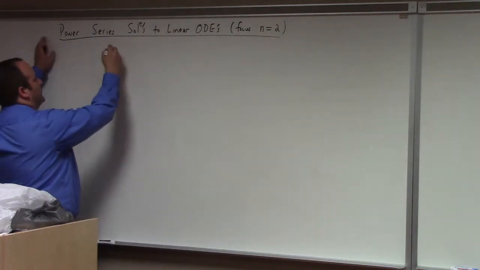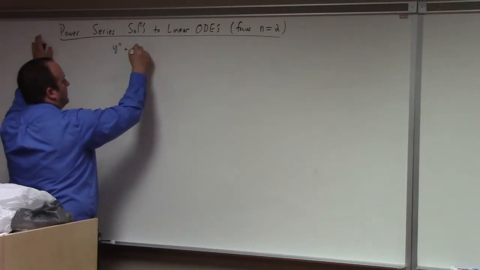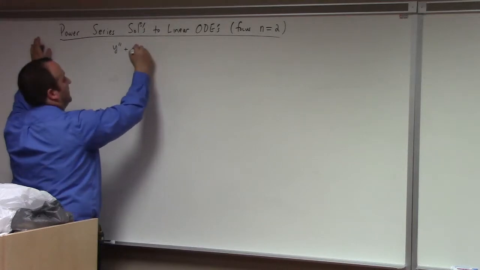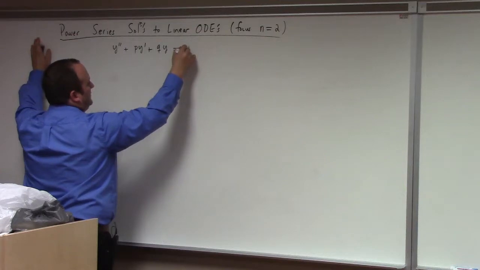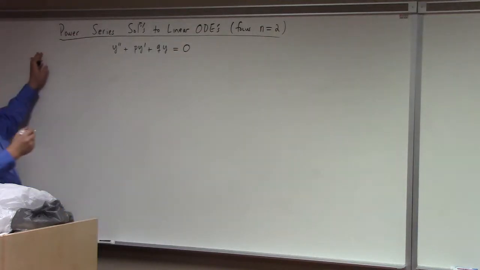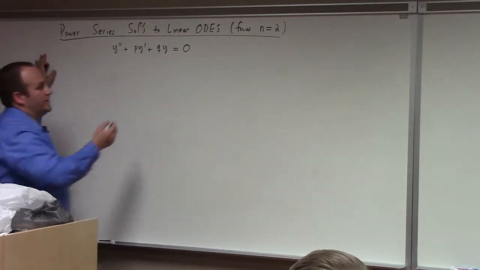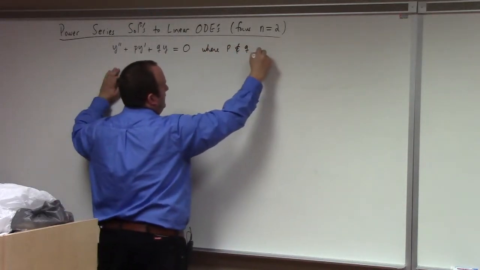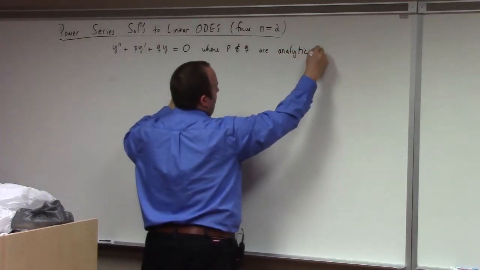Basically, the problem we're solving is something like y'' + p y' + q y, usually equal to 0. There's really nothing stopping us. We could deal with non-homogeneous problems, but I just focus on homogeneous problems. Basically, we're trying to solve that, where p and q are analytic, at least, functions.